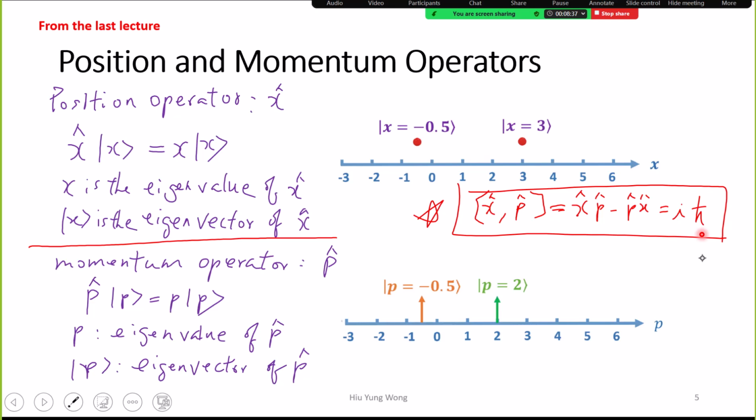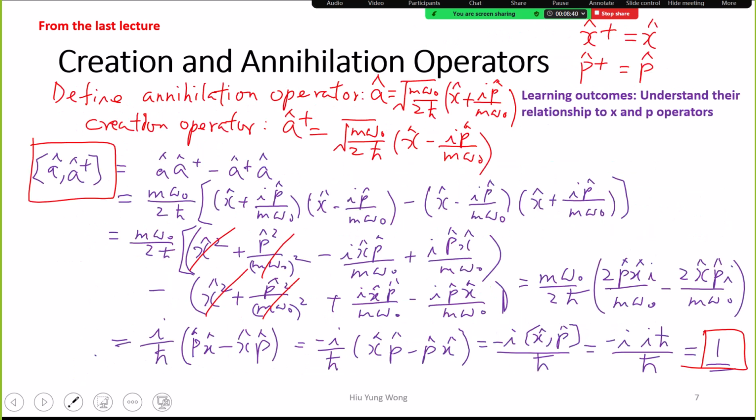it is still not 0, right? So with this, we define something called the annihilation operator and the creation operator. This is sometimes called the destroy operator. Based on this name, you probably will guess that A hat is going to destroy something, and A dagger hat is going to create something.